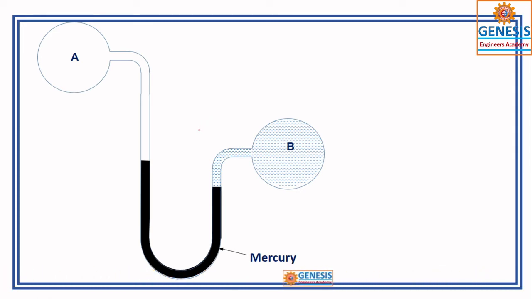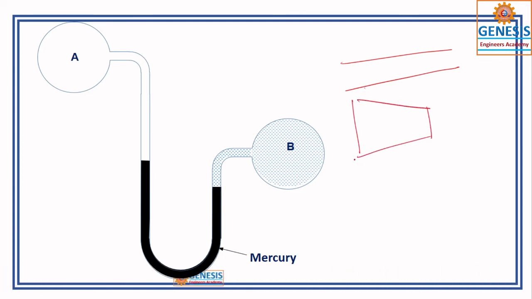How do you recognize a differential U-tube manometer? Both ends are connected to the pipe, and you can also connect it across a single pipe between 2 points, like a nozzle.